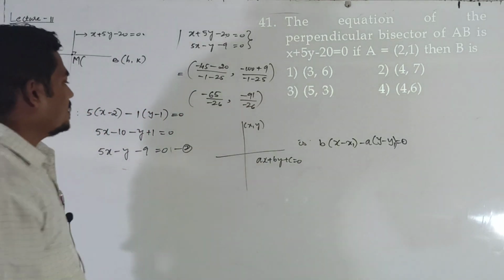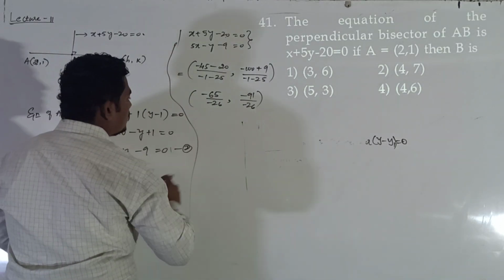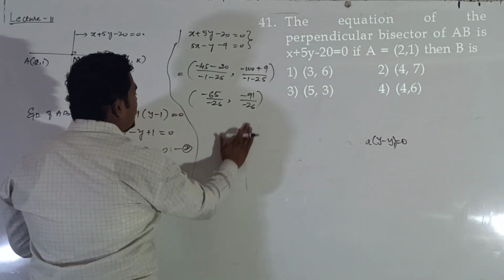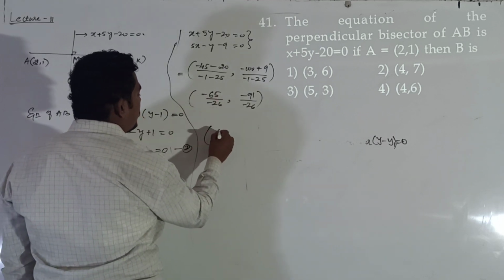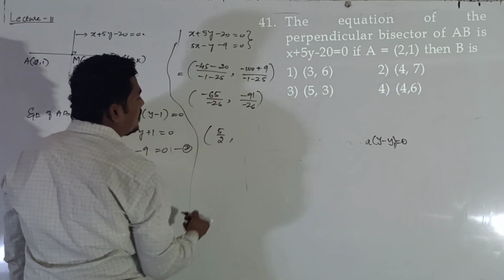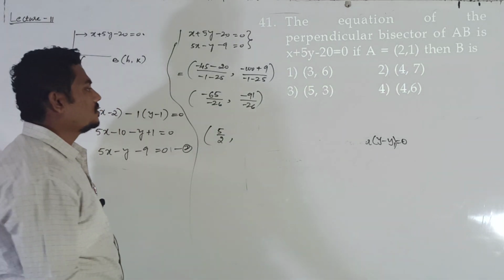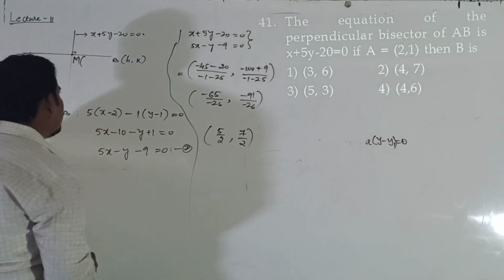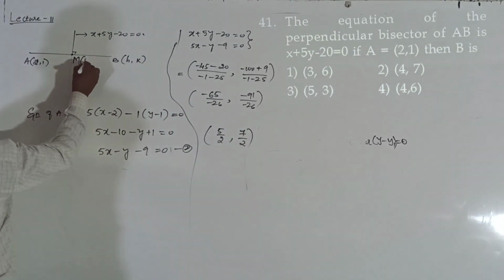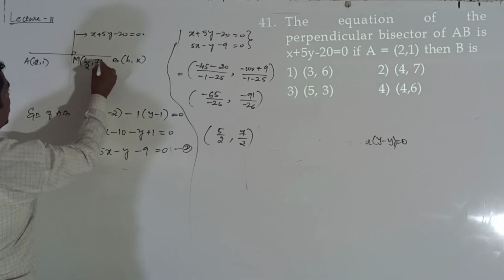After simplification, what are the coordinates? In simplest form, the negative sign gets cancelled. 13 2s are 26, 13 5s are 65, so 5 divided by 2, comma, 13 7s are 91, so 7 divided by 2. Now we get the M coordinates: 5 by 2 comma 7 by 2.